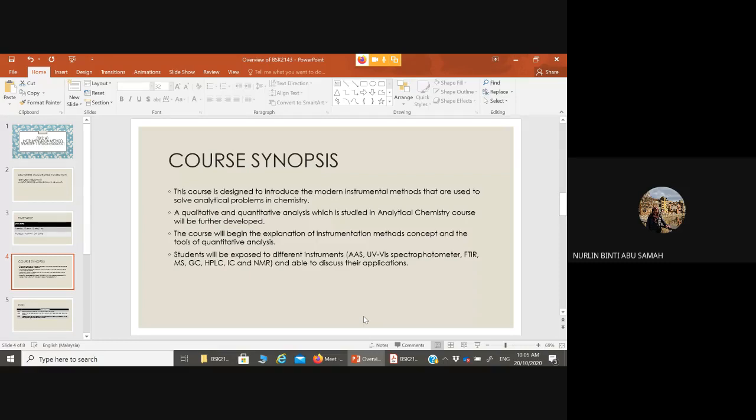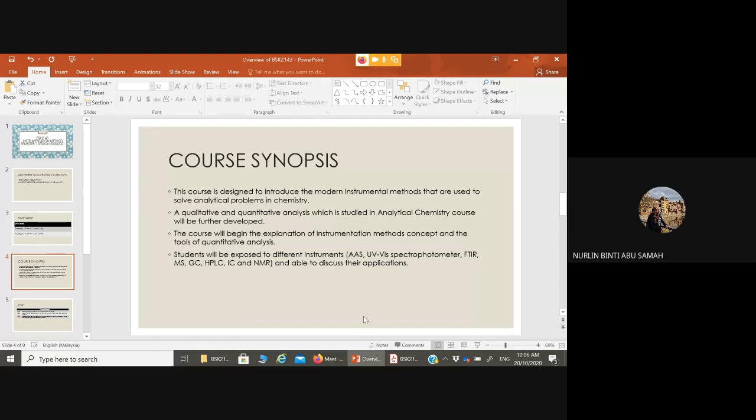What you're going to learn is how you can develop one technique or one instrument based on a concept. You must know the concept, and then you can make one instrument.